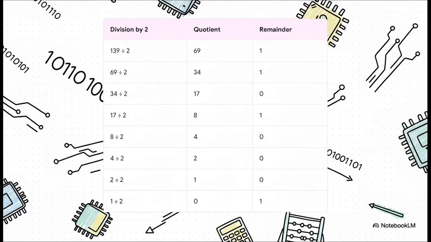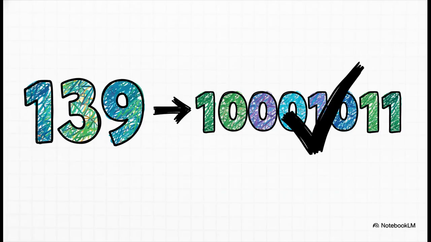Then we take 69 divided by 2, that's 34, with a remainder of 1. And we just keep going down the line, and as you can see, this time we get a nice little mix of 1s and 0s in our remainder column. And once we get all the way down to a quotient of 0, we take our list of remainders, read it from the bottom up, and there's our answer. The number 139 is 10001011 in binary. See? The method is flawless.